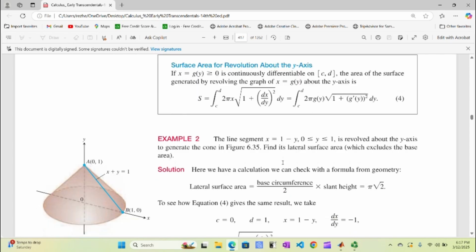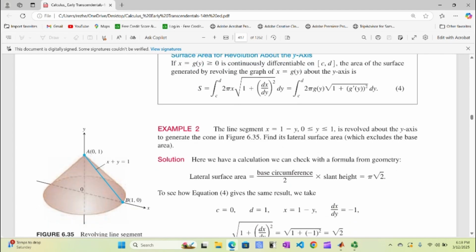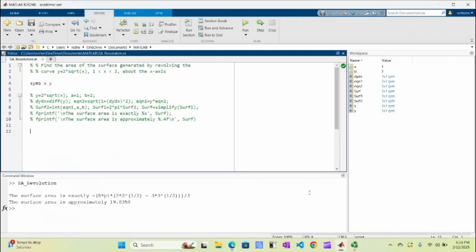For example 2, we have x equals 1 minus y, where a is 0 and b is 1. So let's put that in there: x equals 1 minus y, a equals 0, b equals 1.